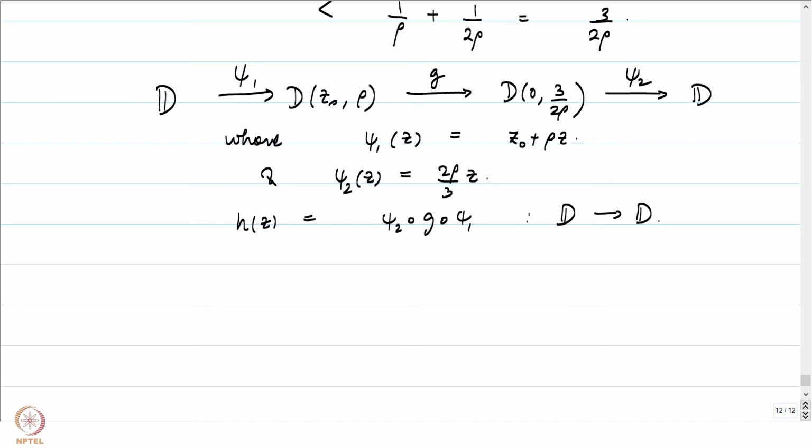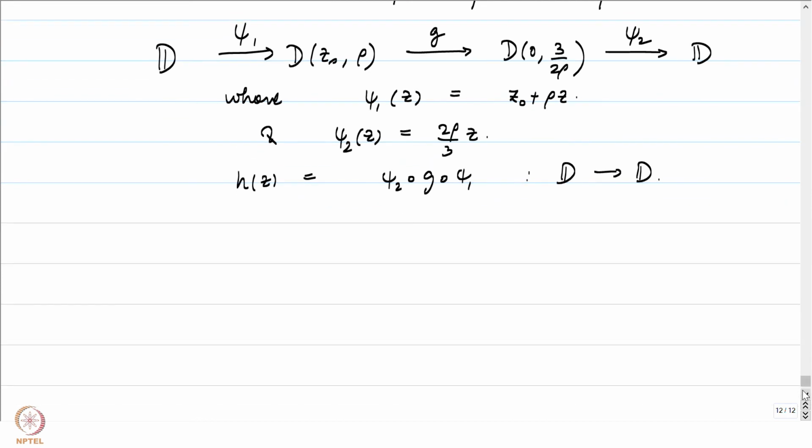which is now a map from D to D, which maps 0 to 0. And by Schwarz's lemma, we have the absolute value of psi 2, which is basically 2 rho by 3 times g of psi 1 of z, which let me compose by the inverse to get the absolute value of psi 1 inverse of z, which will just be equal to z minus z0 by rho.